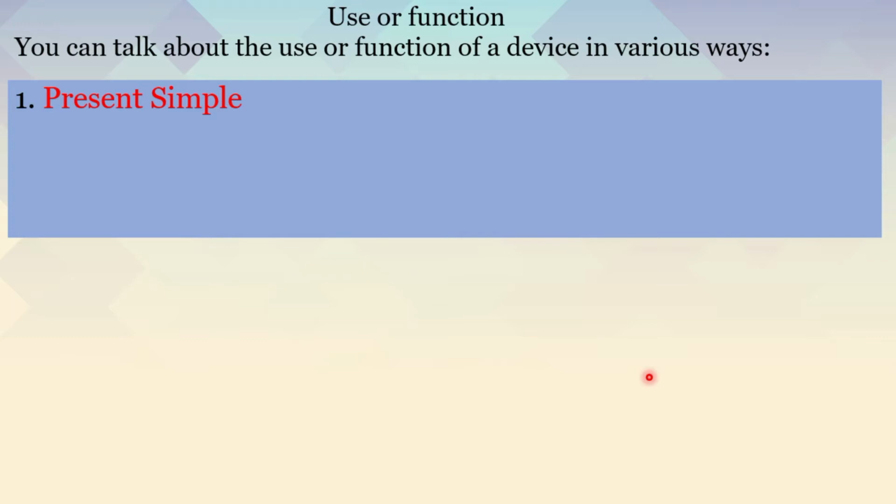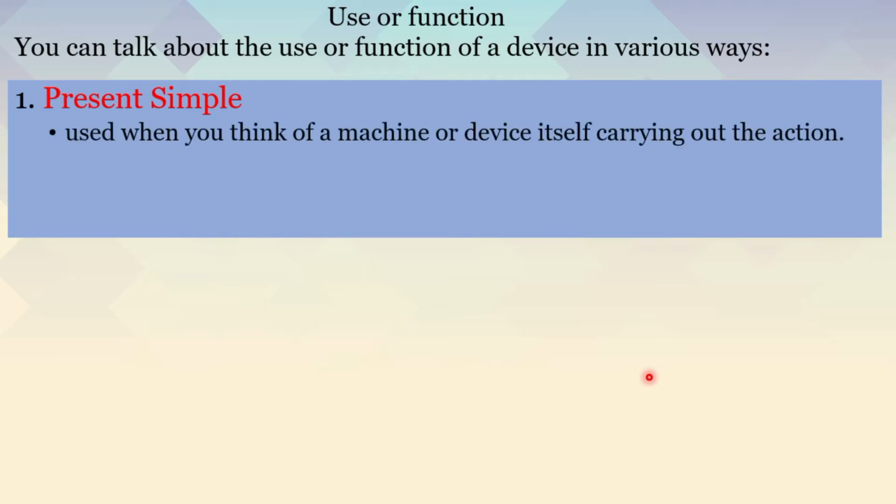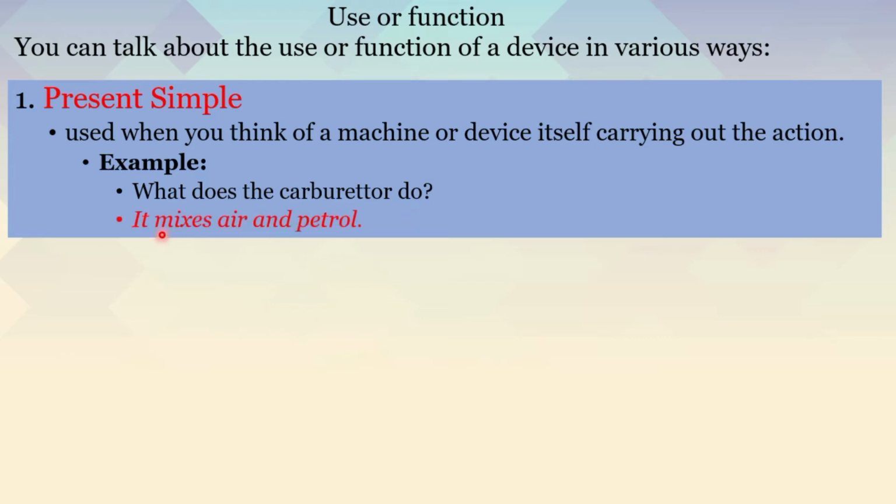When do we use the present simple to talk about the use or function of a device? When you think of a machine or device itself carrying out the action. For example, what does the carburetor do? It mixes air and petrol.